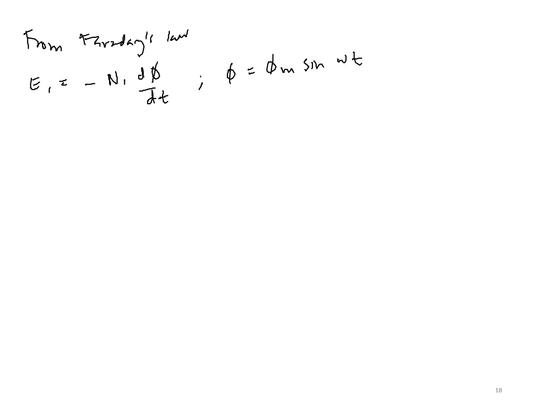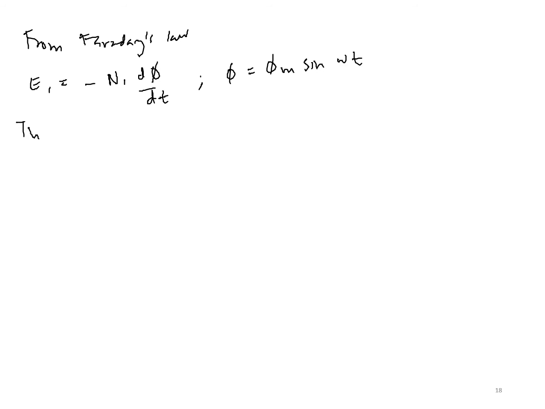From Faraday's law, we know that E1 is minus N1 d psi over dt, where psi is equal to psi m sine omega t.